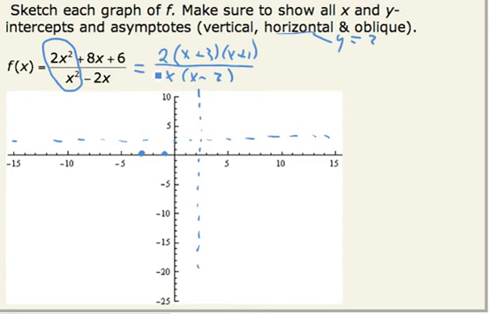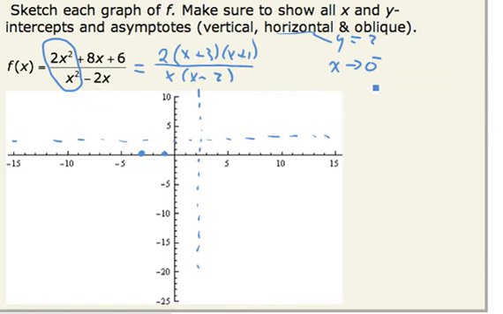Now, to examine the vertical asymptotes more carefully, I need to ask the question, what happens to f of x if x is close to 0 both on the left and on the right? So let's say x is getting close to 0 through negative values of x. In other words, x is close to 0 and negative. So we're thinking about x very close to the origin, but on the left side. Let's look at what happens in the numerator.